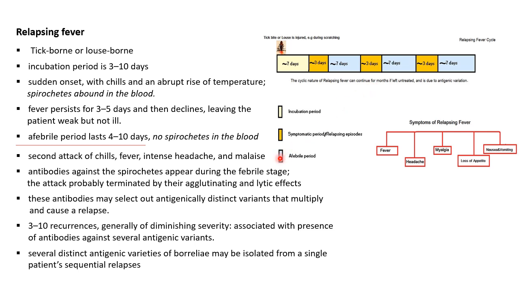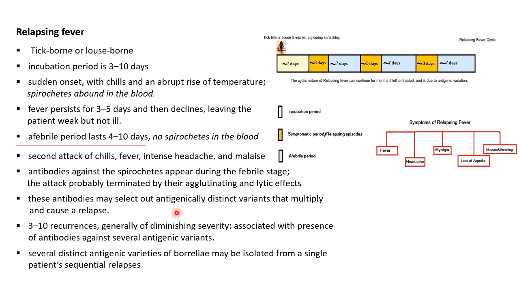Now, it is said that antibodies against the spirochetes appear during the febrile stage, and the attack probably is terminated by the agglutinating and lysing effects of these antibodies. It is interesting to note, earlier we mentioned that Borrelia has the propensity for great genetic and antigenic variations.